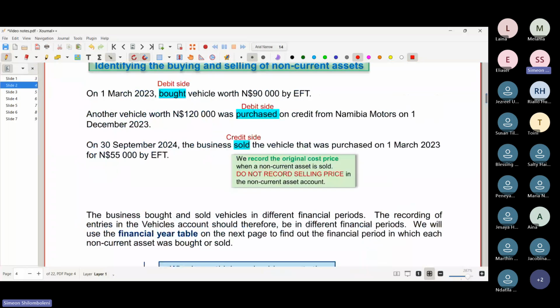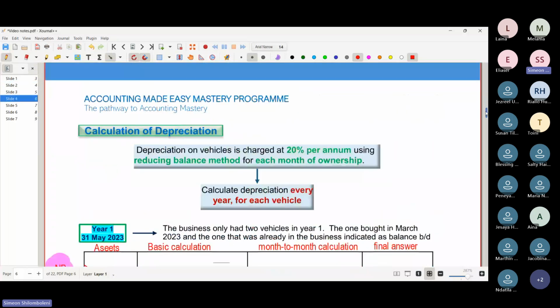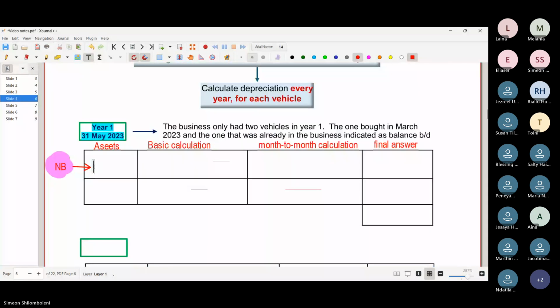Now don't make a mistake and then you just come and write 90,000 here. If you write that 90,000 there, you will forget the balance. The first line should be reserved for the balance brought down, and the 90,000 must come in the next column.